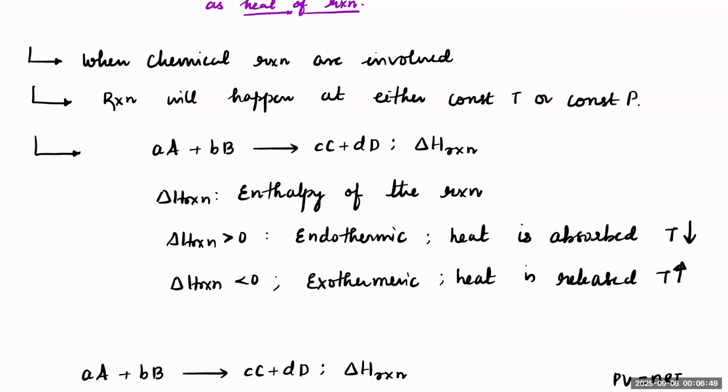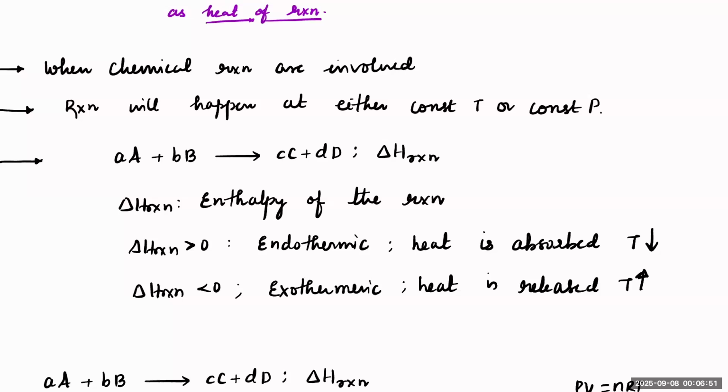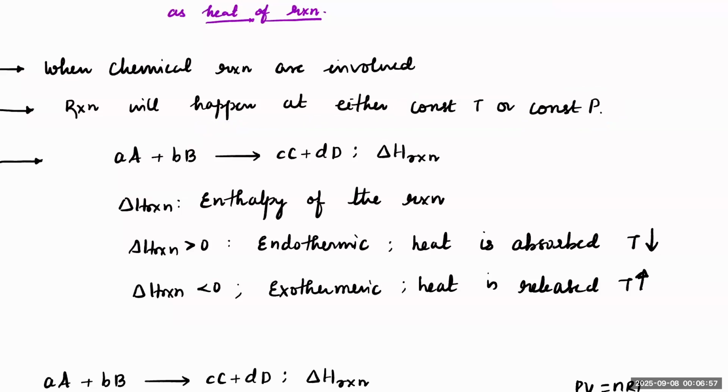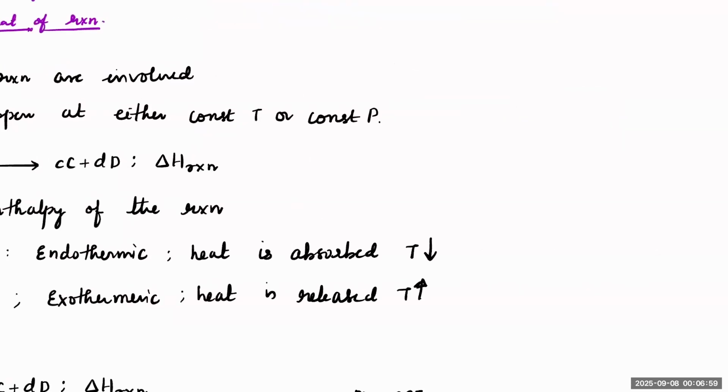Now see, whenever there is a chemical reaction involved, the reaction can happen either at constant temperature and pressure, or constant temperature and volume. These are mainly the two conditions at which we observe chemical reactions.